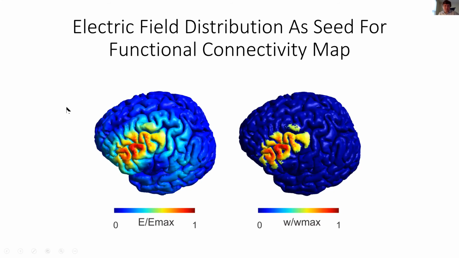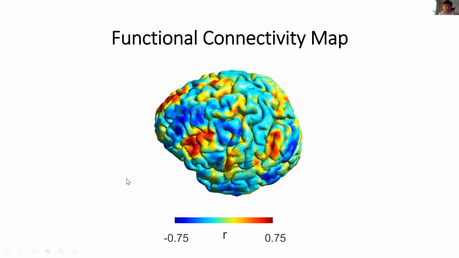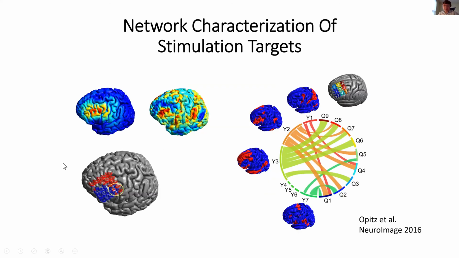You can estimate your network using fMRI, for example, using the TMS electric field as a seed region for functional connectivity, and determine the functional connectivity profile from that electric field seed region shown here. And that's something you can, for example, use for DLPFC targeting.